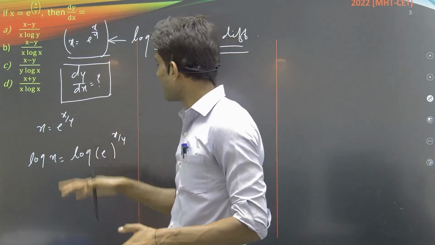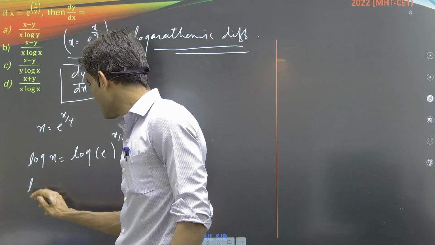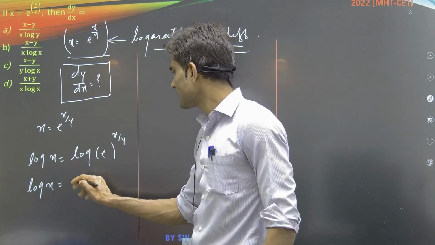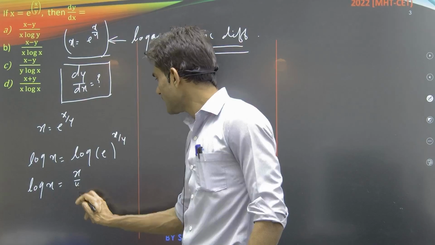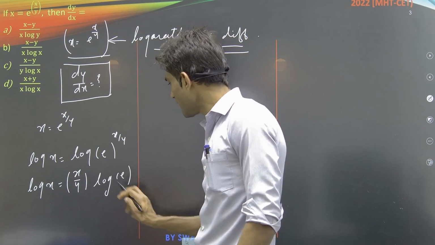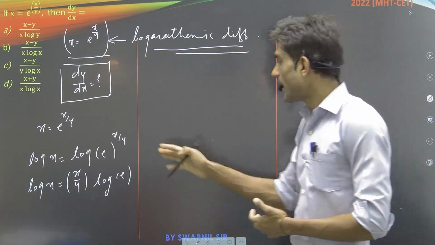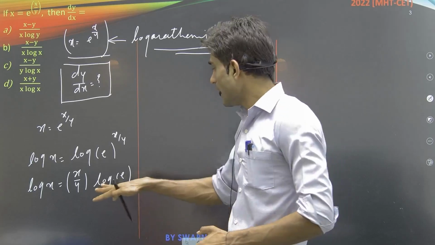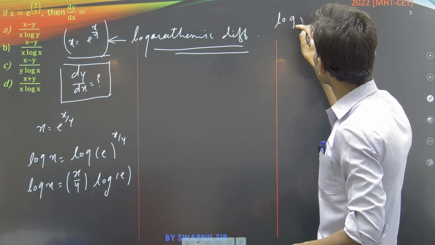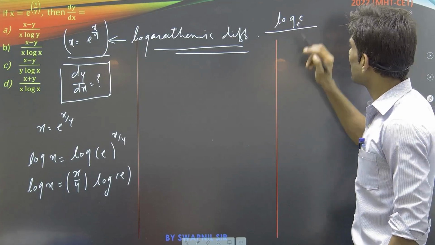So x by y, which is the exponent here, goes to the multiplicand. Log of x can be written as x divided by y into log of e. And log e, we know that when log e comes together, it has base e.